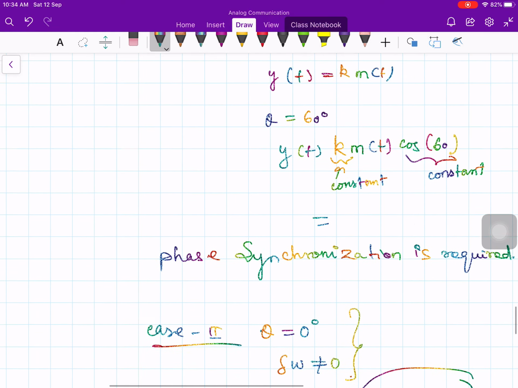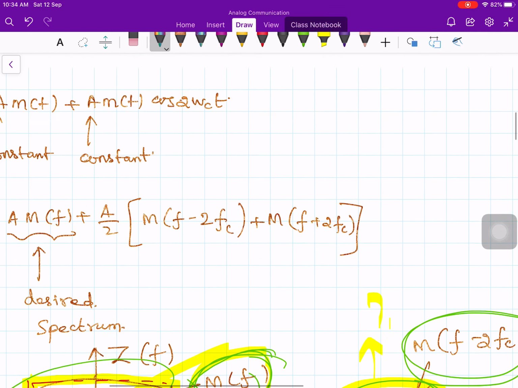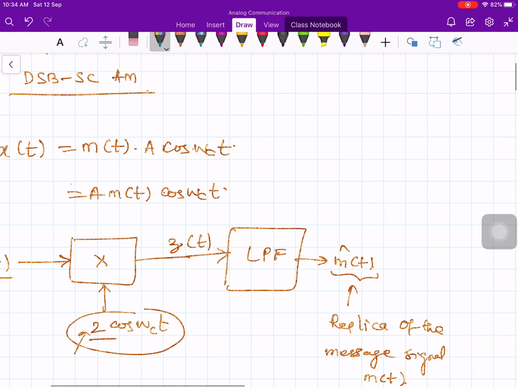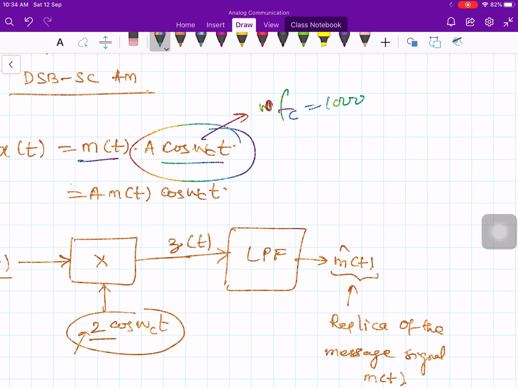In the previous case, what is the carrier frequency? Carrier frequency is cos omega c t. If you look here, m of t is multiplied by a very high frequency. Let's say fc is equal to 1000 kilohertz. But this is DSBSC, double sideband suppressed carrier.